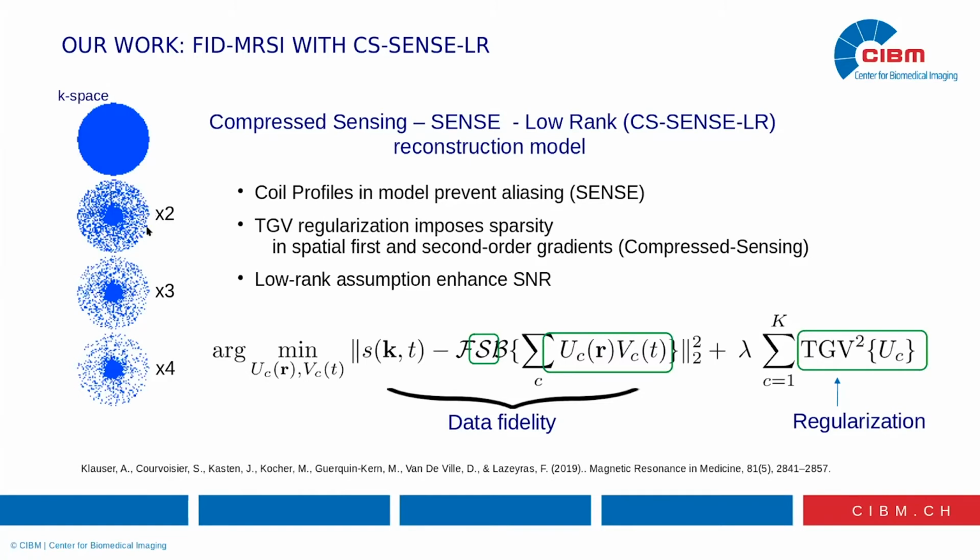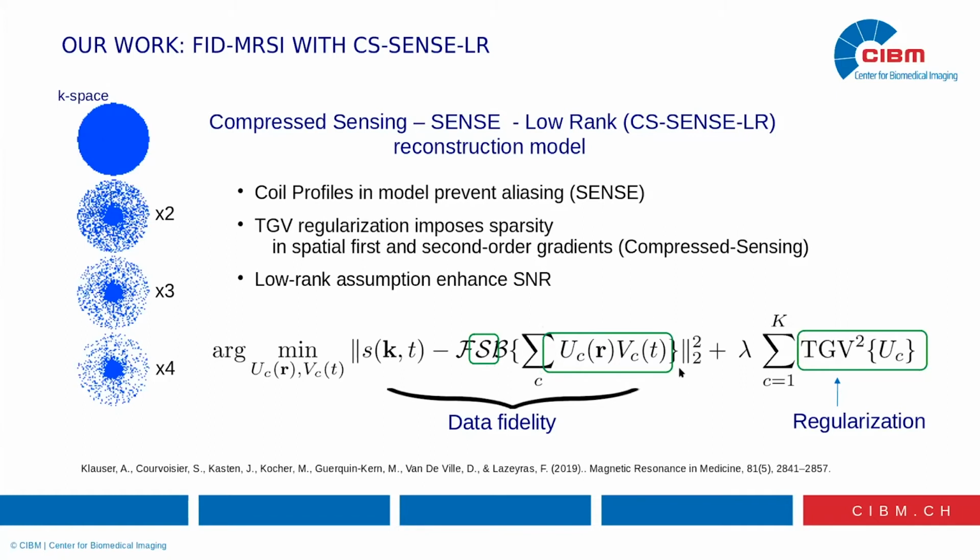In order to resolve this pseudo-random aliasing, we need several ways. The SENSE way, implementing the coil sensitivity profile in the forward model, is one way, and imposing some spatial regularization is another way. And now we combine both of them. On top of that, we also assume some low rankness on the signal.